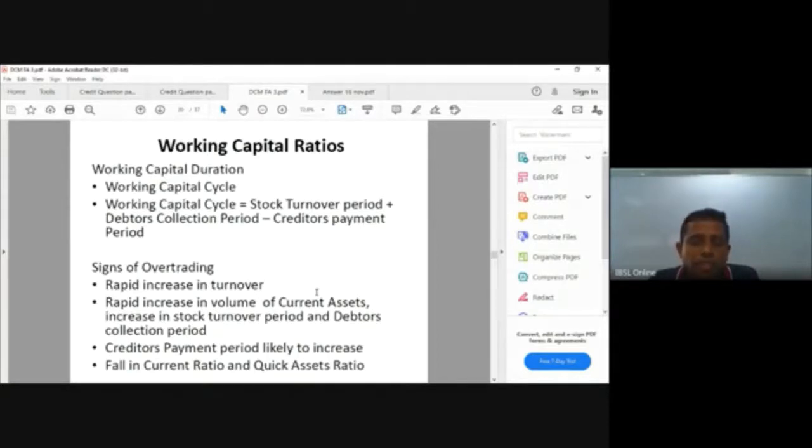You have to assess whether these are signs of overtrading or a natural expansion of your business. If it is natural expansion, then there is no problem. But if you came across this overtrading situation for a temporary period, then you have to see whether we are on the right track.